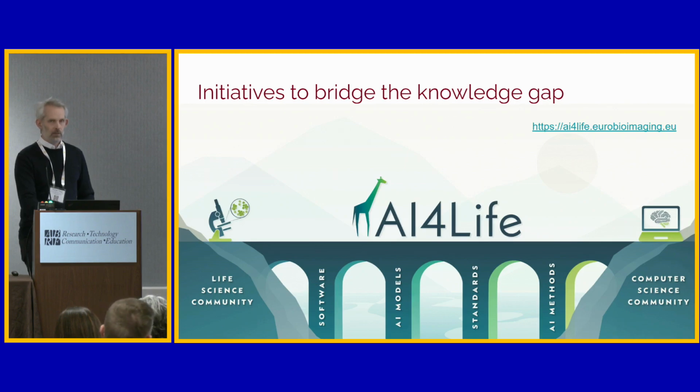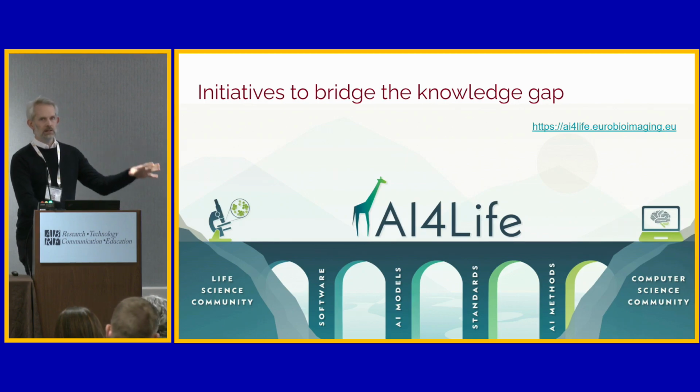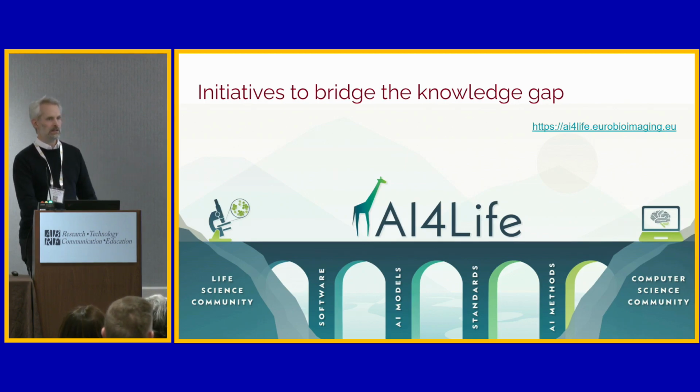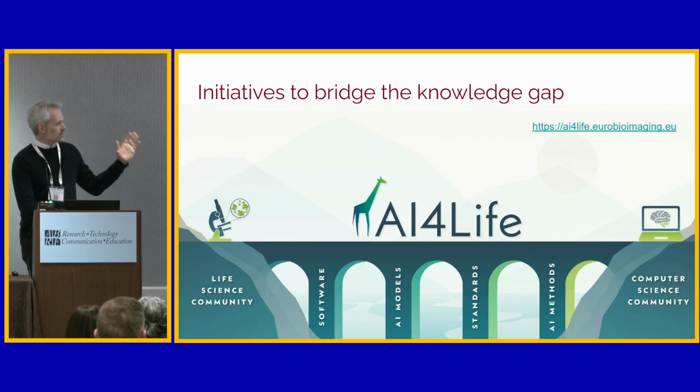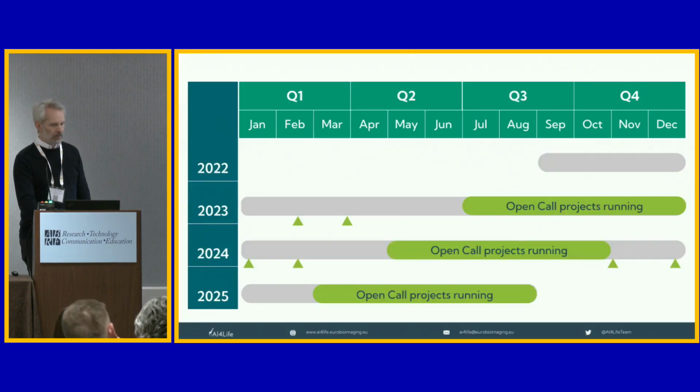This gap between the application space and the computer science space has been recognized. There's an initiative as part of Euro-BioImaging called AI for Life, and the goal of this initiative is really to bridge these two communities. In particular, they have a program where you can apply for help.